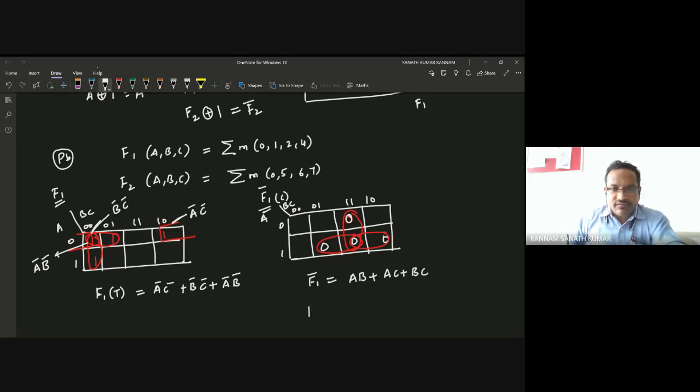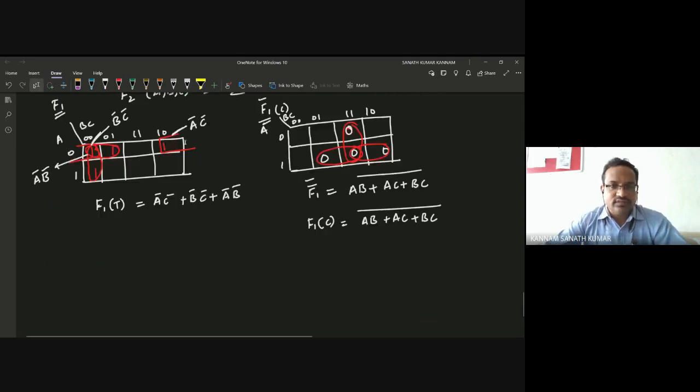But you want F1, so you can apply the complement of the complement, and you will get the true form. So this is nothing but AB plus AC plus BC whole bar. You are getting AB plus AC plus BC whole bar. So this is for the complemented form.